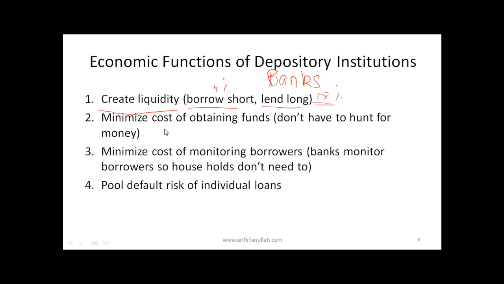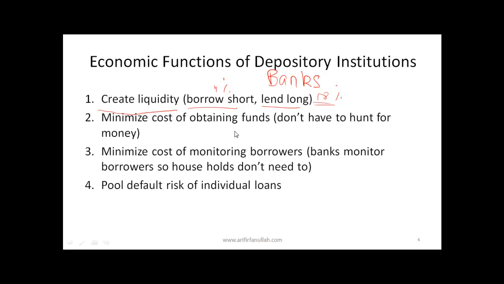Okay. Minimize the cost of obtaining funds. So the second function is that if a businessman wants money, without banks, what would he have to do? He would have to go find all individuals and borrow a little from him and a little from him and a little from her and so on. Okay, is that expensive? That's time consuming and expensive.